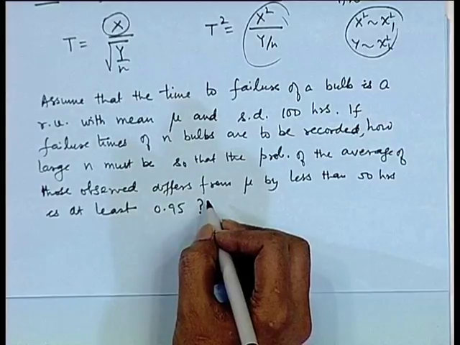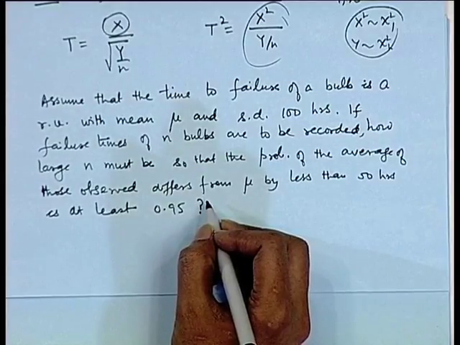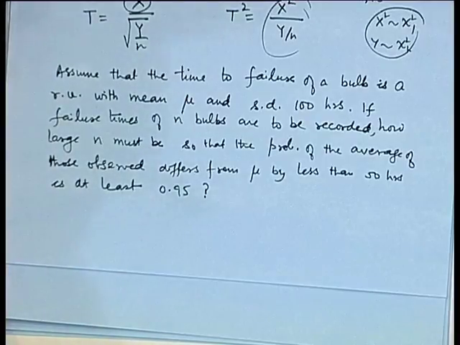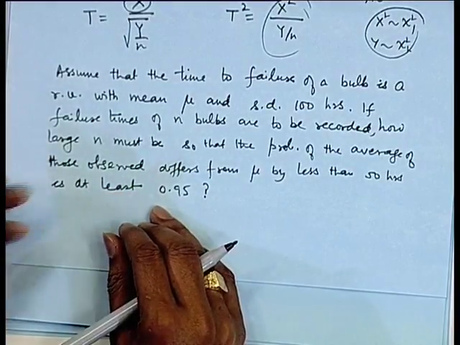So, we can make use of the central limit theorem here, because the only information about the distribution that we have is that it is a particular distribution with certain mean and certain variance. So, the conditions for application of the central limit theorem are valid here.